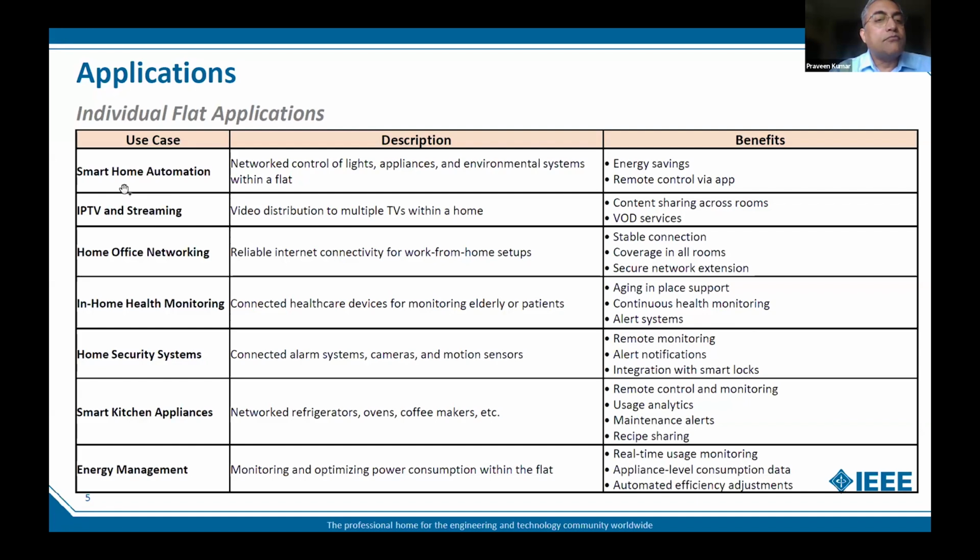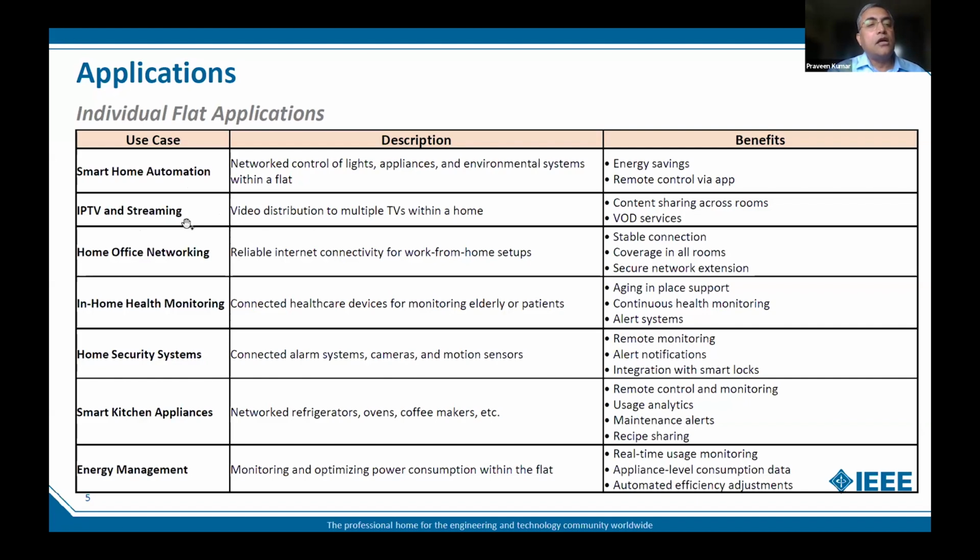Then smart home automation and IP streaming, IPTV streaming. Normally for video streaming, even SD video can take up to 8 to 12 Mbps.